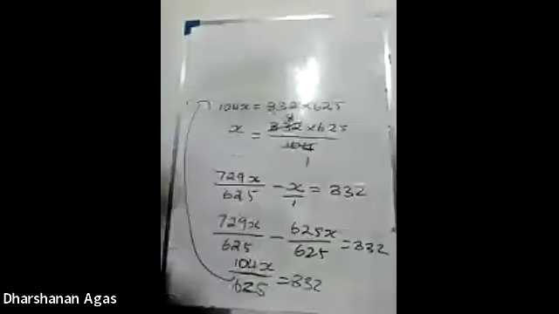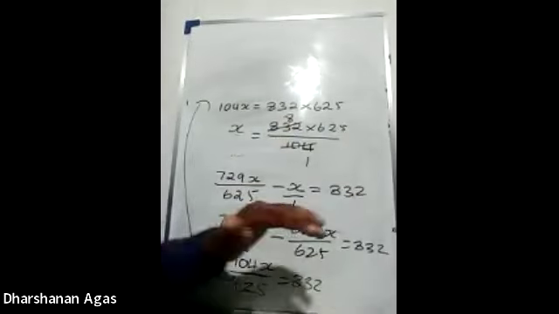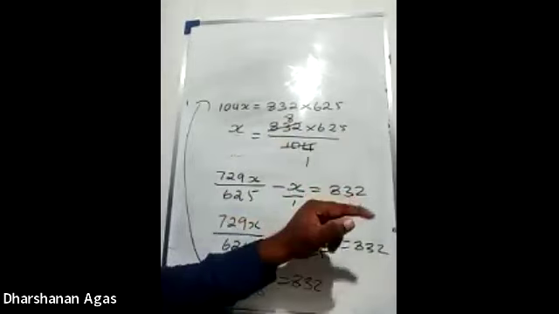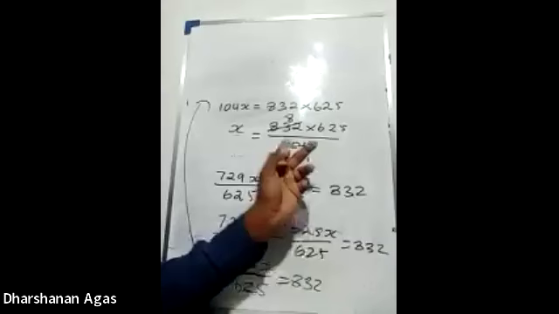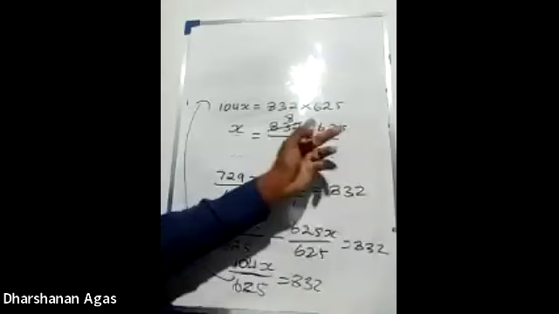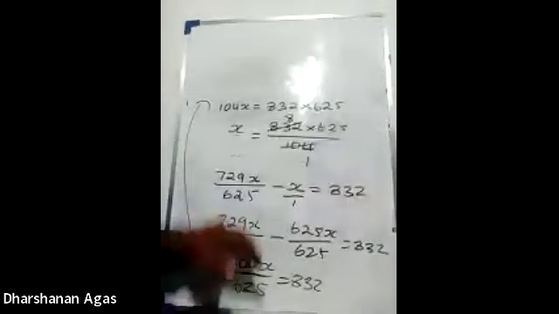Now multiply 8 by 625 and tell the answer. Is this clear now? Students, you got it? Yes, sir. Don't multiply, students. If you multiply, it will become a big number. After this, again I will explain.